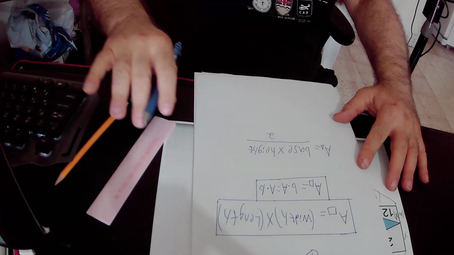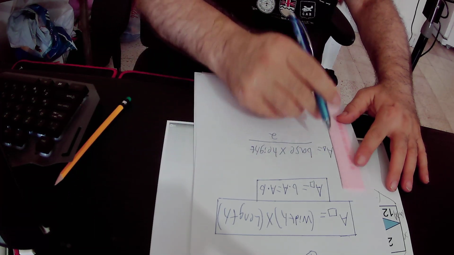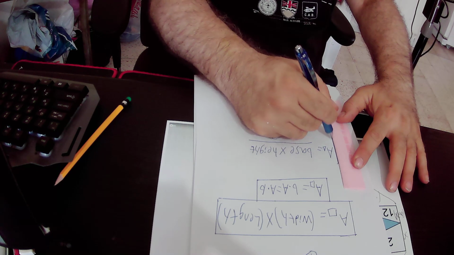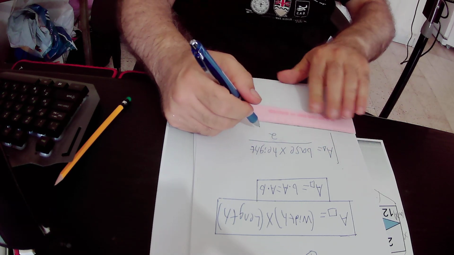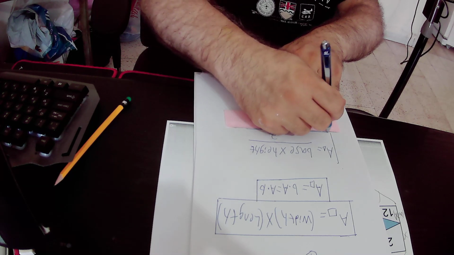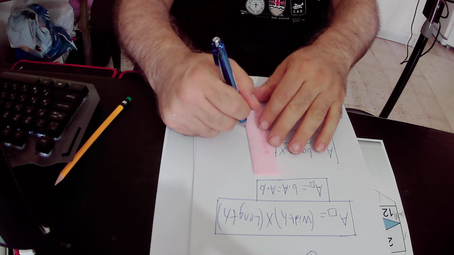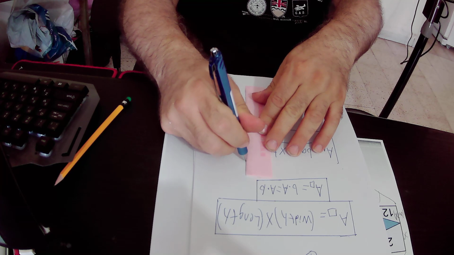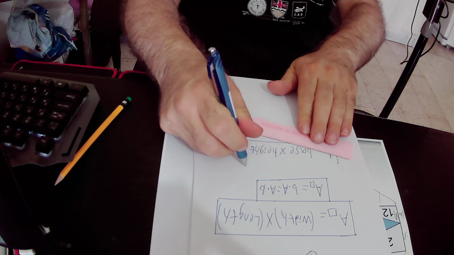Okay, so this is the formula for the area of any triangle. The height times the base divided by 2 is the formula for the area of any triangle.